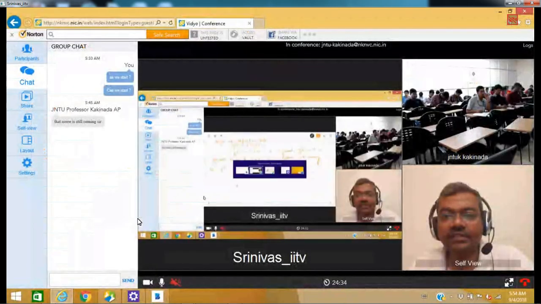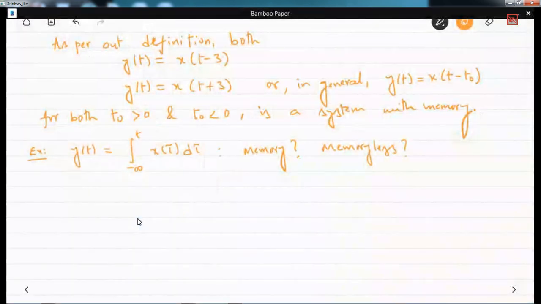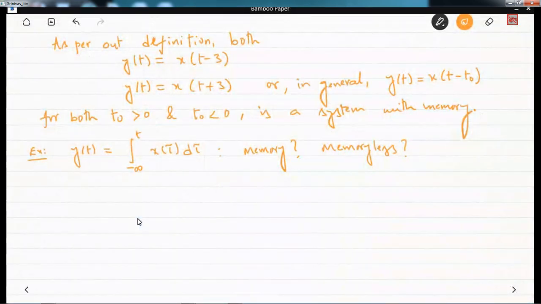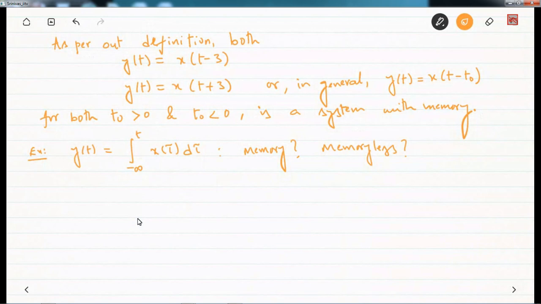If you just look at the input output relation, you can understand this. y of t, the output at time t, depends on all the previous inputs from minus infinity to t. We are just summing up all the previous inputs, right? It's kind of an accumulator. It sums up the input signal given till that point. So it is a system with memory.